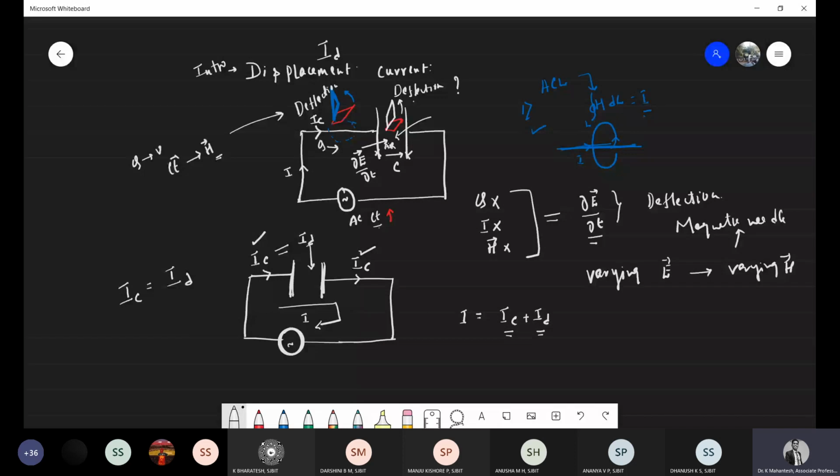In the negative half cycle, the capacitor discharges, or there will be a displacement of electric field from one plate to another plate. And that is called displacement current. And this is equal to what? The conduction current. Hope you'll remember this concept. Is that okay?